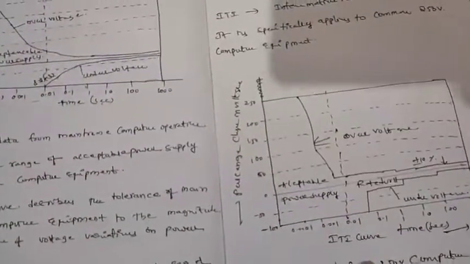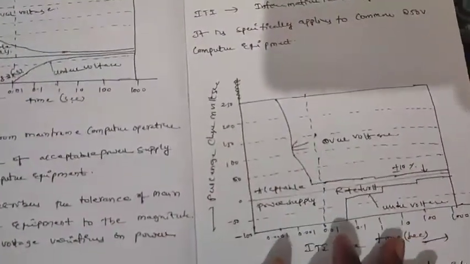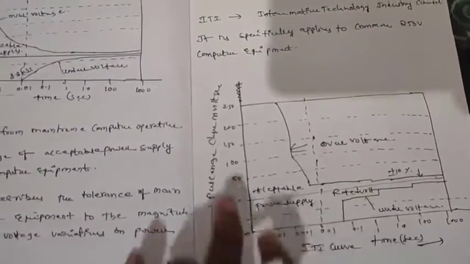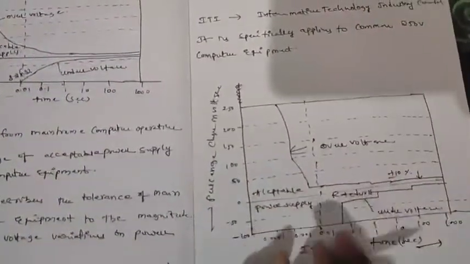In case of under voltage the equipment can drop load due to lack of energy. Within these limits it can be affected. So both curves are used in the power quality evaluation procedure.